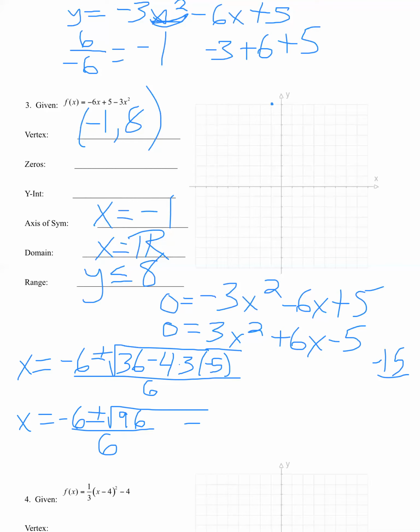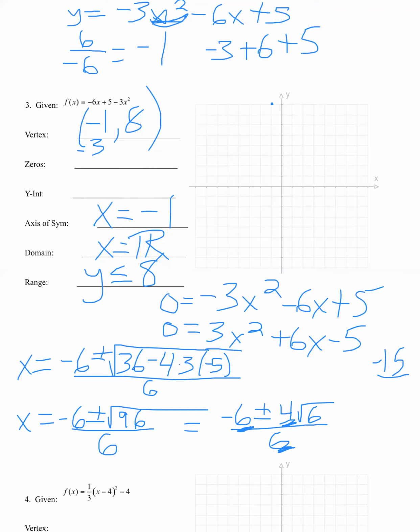So that would be a -6 plus minus, if we split that into 16, that'll come out as a 4 root 6 in there, right? All over 6. So you can simplify this as long as these 3 numbers all have a common factor, which they do. So I'll reduce all of those by 2, and that'll get me my zeros. So I'll just write them up here.